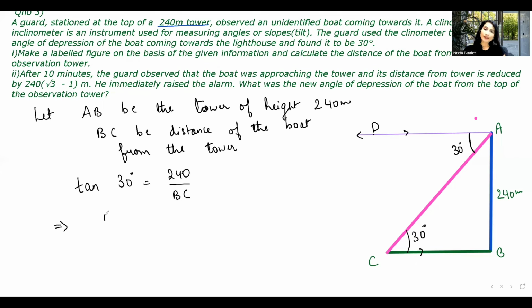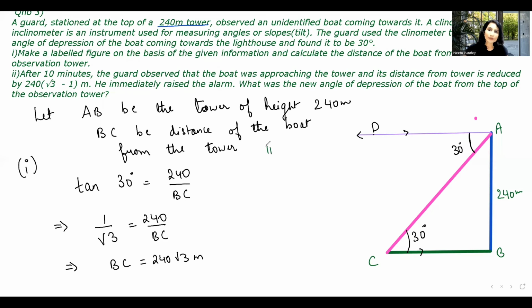The value of tan 30 degrees is 1 by root 3, equal to 240 by BC. So when you do transposition, BC will go up there and it will be 240 root 3, right? And it is in meters. So the first part we have done: we have drawn a labeled diagram, and the distance between the boat and the foot of the tower we calculated, that is 240 root 3 meters. Now we will do the second part.